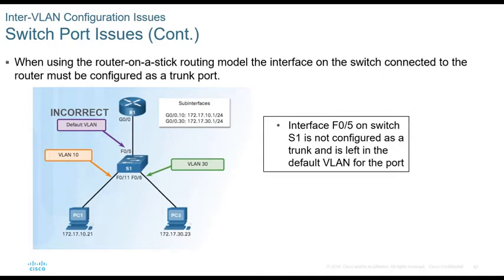To minimize the confusion, we suggested to use the VLAN ID as the subinterface number. So if your VLAN ID is 10, just create subinterface .10, right? If your VLAN ID is 30, just use .30.